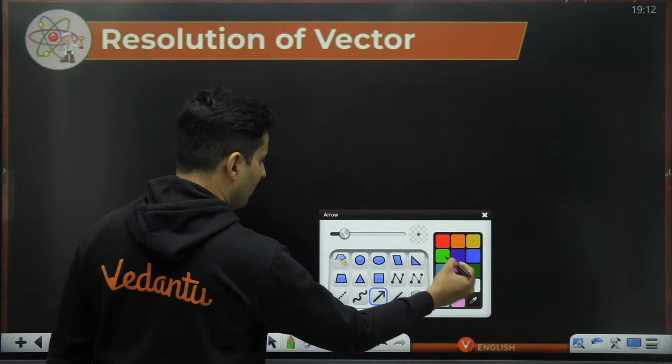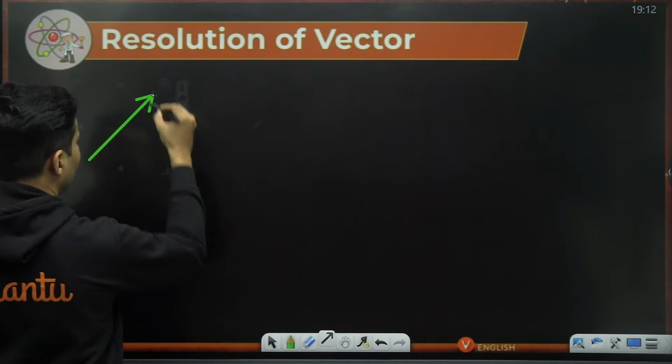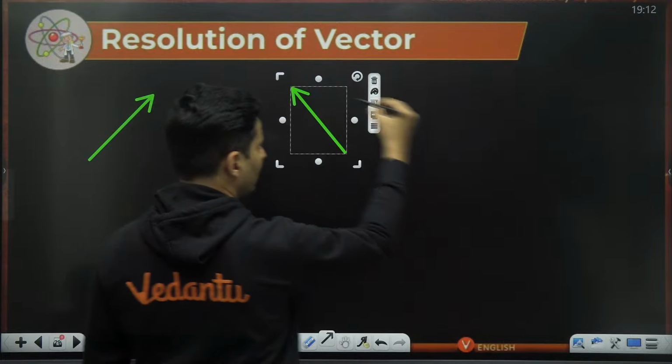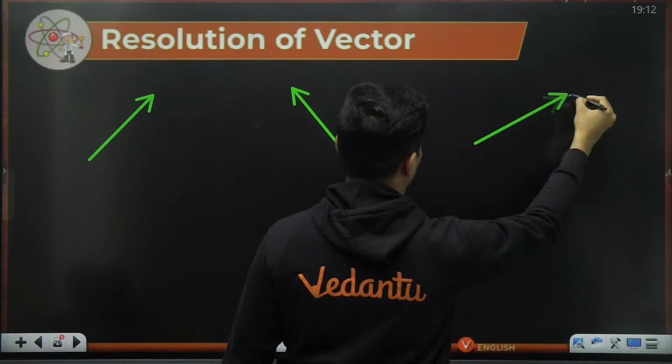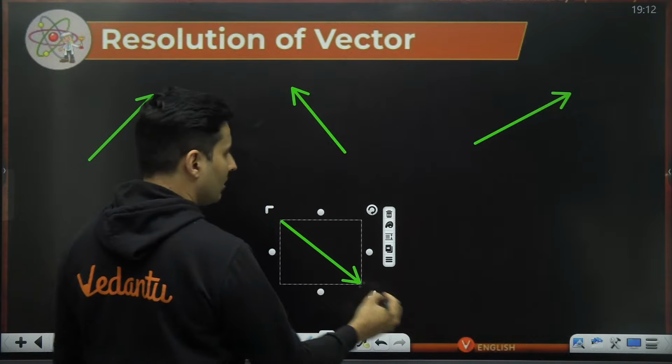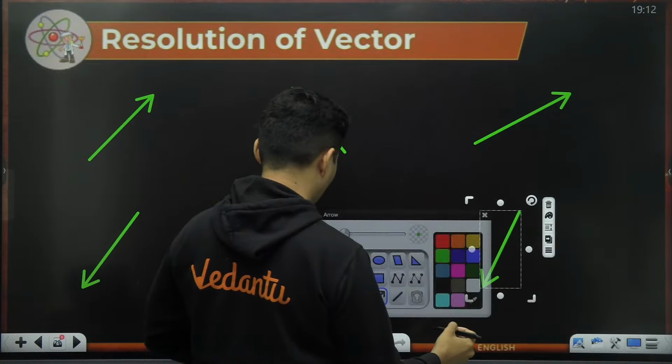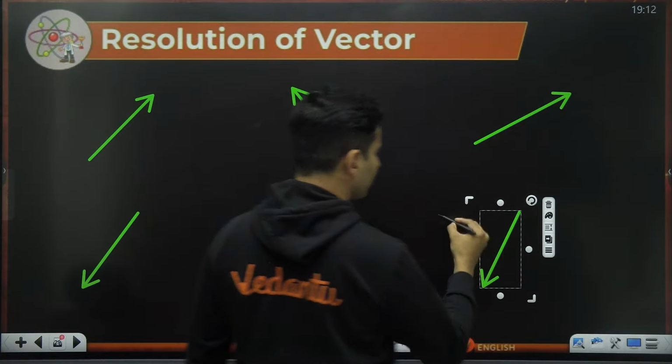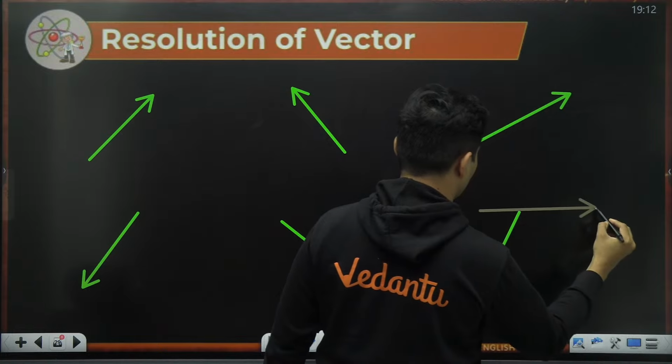Say for example, we take a vector here, then a vector here, then more vectors, every time, of course.